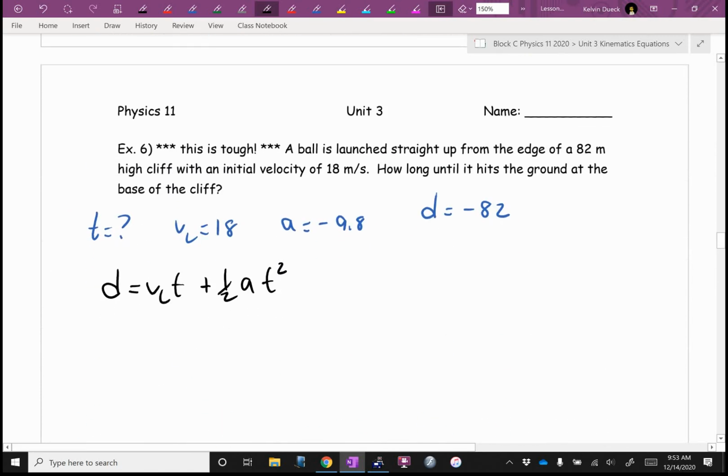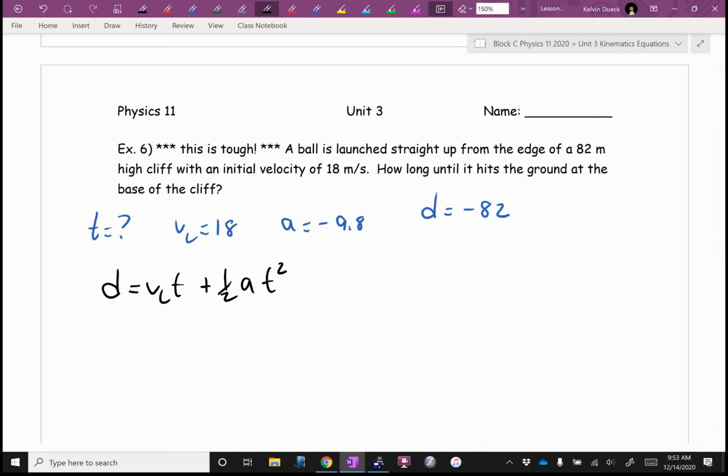Braden, if you were in my math class, I would say to you, what kind of an equation is this? And my students would all say back, it's a quadratic. And I would say, how do you know? And they would say, it's got a squared and a non-squared term. And you can solve this with the quadratic formula. But none of them know that. So I have to do a workaround.